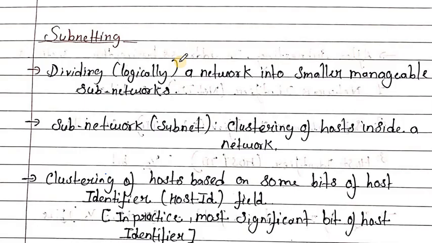So we divide our IPv4 address into small parts in which the network ID part is as it is, but the host ID part we divide into 2 parts: subnetwork ID and host ID. So a subnetwork, or subnet, is a clustering of the hosts inside a network.